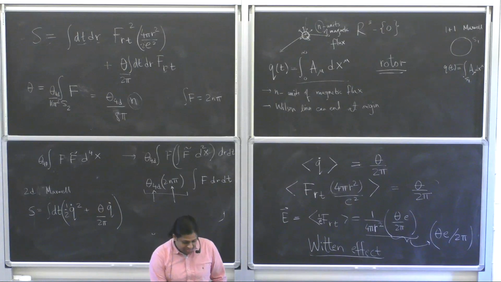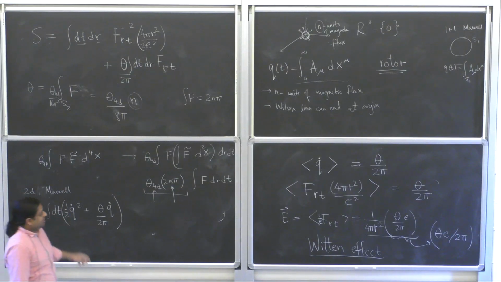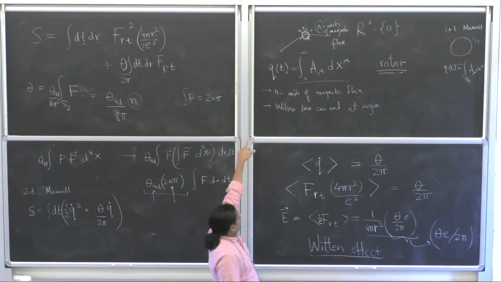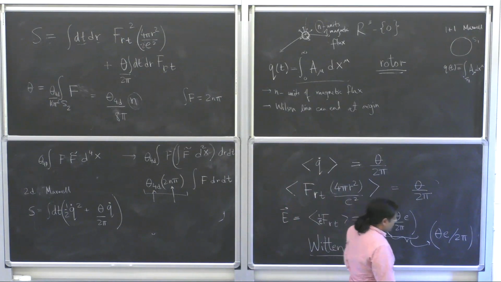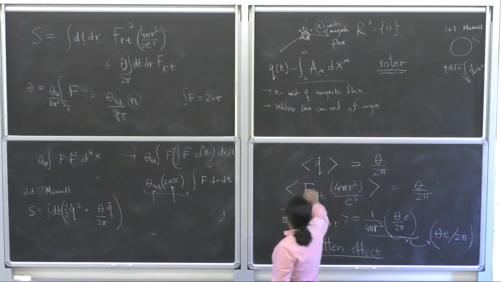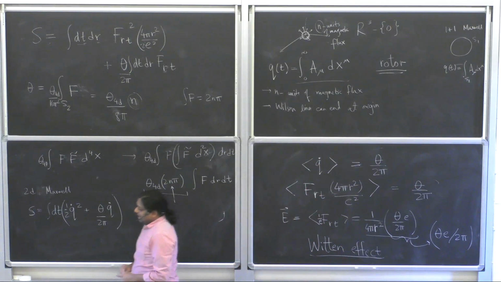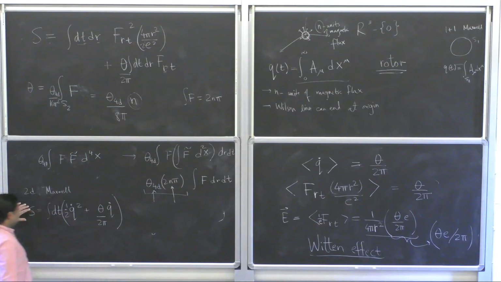The entire physics of the Witten effect resides in the rotor degree of freedom, which we modeled as this line operator from the origin to infinity, and its expectation value, the q dot of that operator, gives us the electric field. So the entire information about the Witten effect is already captured by this part of the 3+1 dimensional Maxwell theory, which is parameterized by a particle on a circle.